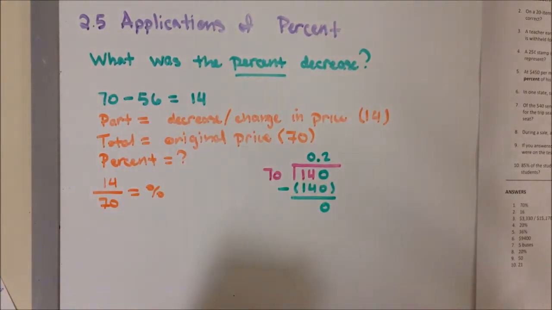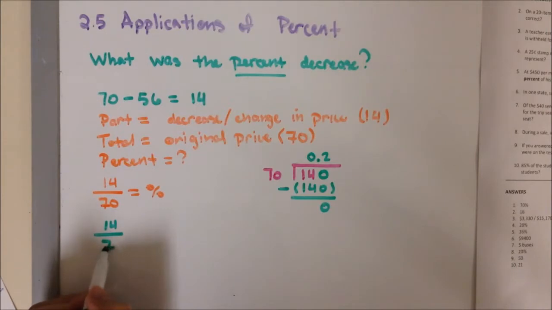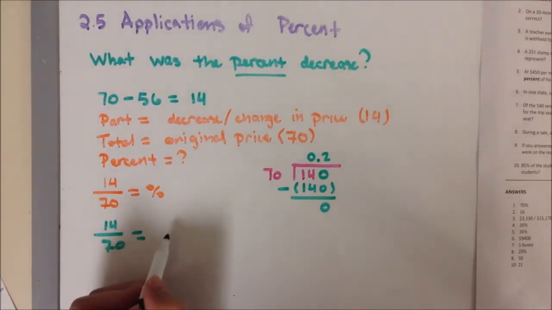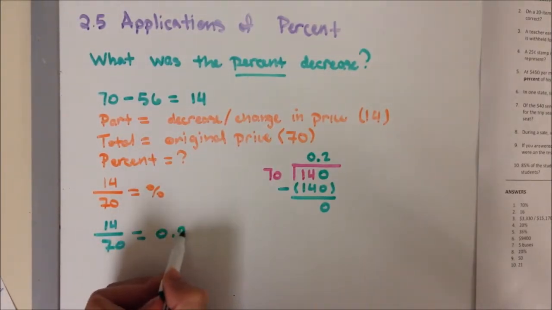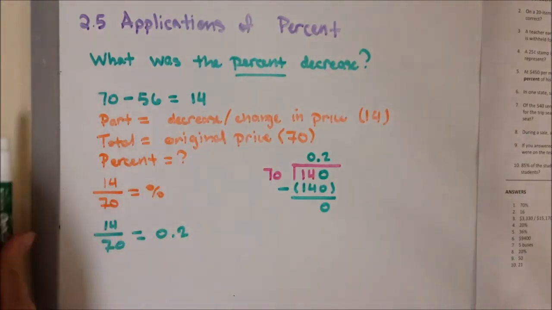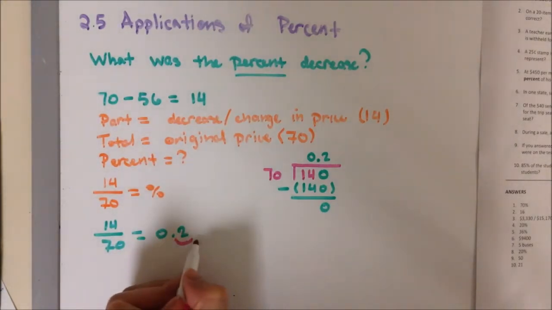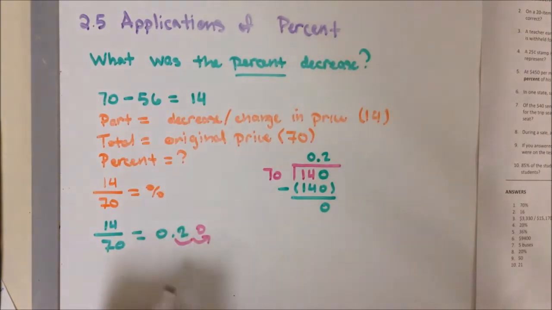So 14 out of 70 is equal to 0.2. That's in decimal. If I want to convert into percent, I'm going to move the decimal point 2 times to the right, add a 0 in that empty space.